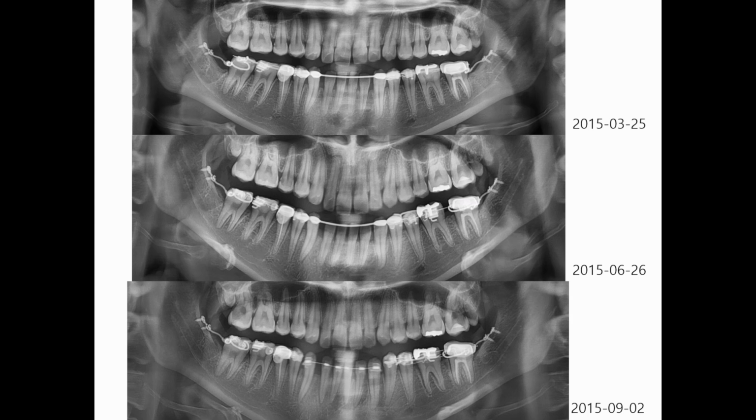So you need to understand why there is movement at the beginning, but in the middle stage, there is no more movement. Why? The reason you need to understand is human biology.